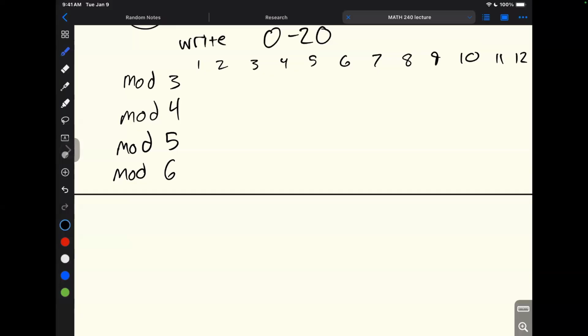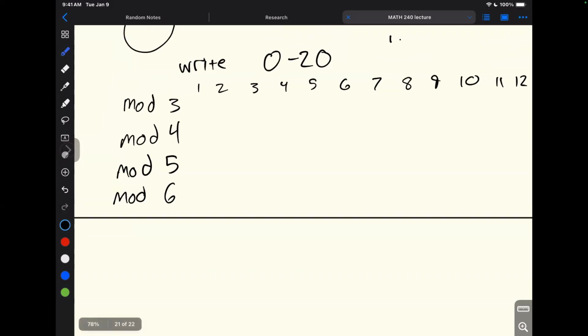And so for mod 3, we divide 1 by 3. So 1 mod 3: 3 goes into it 0 times. The quotient is 0 and our remainder is 1.